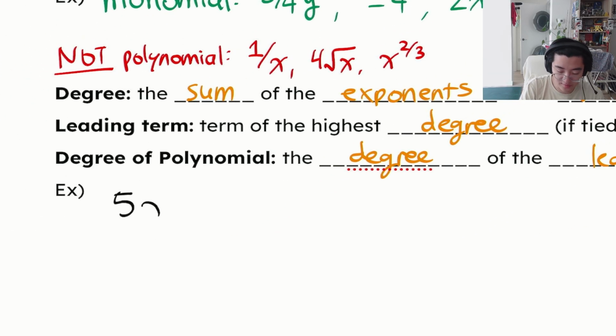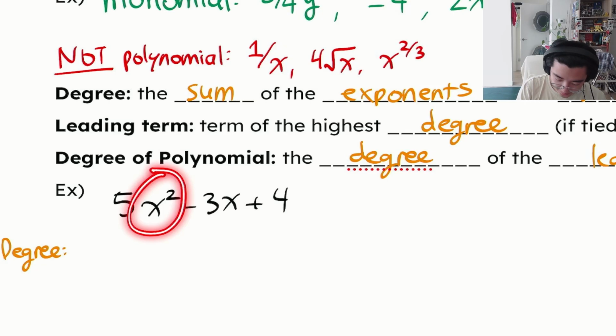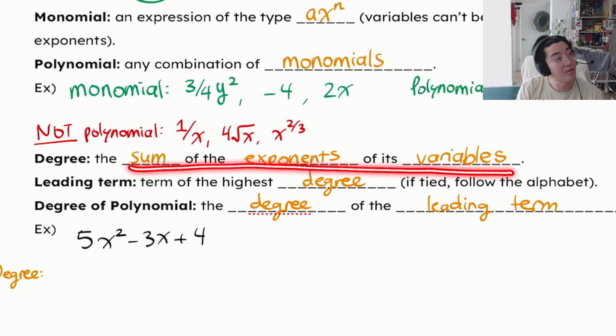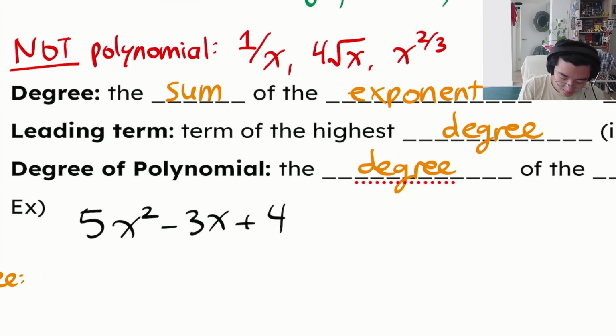Let's say we have 5x squared minus 3x plus 4. The degree of each of those terms here, the first one is 2, because that's, again, the sum of the exponent of all the variables. So in this case, the sum of all the exponents is just 2.